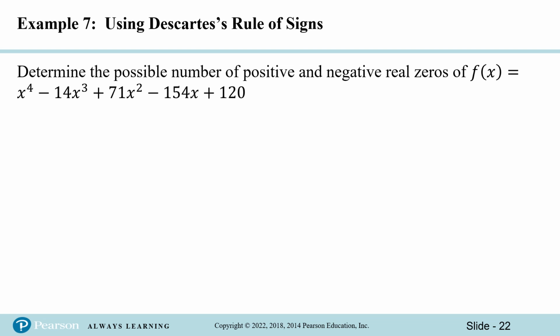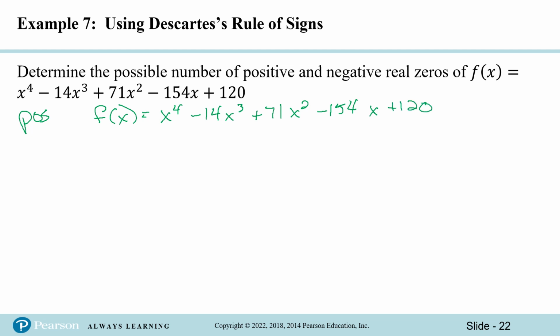We need the possible number of positive and the possible number of negative real zeros of this function. So let's start with the positive. With the positive, we just do f of x: x to the 4th, minus 14x cubed, plus 71x squared, minus 154x, plus 120. And we're going to count the number of sign changes. From here to here, we went from a positive to a negative, so there's one sign change.